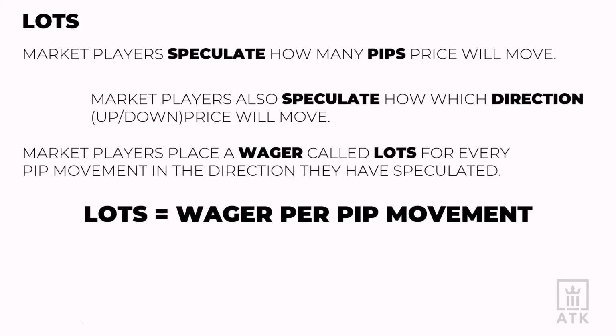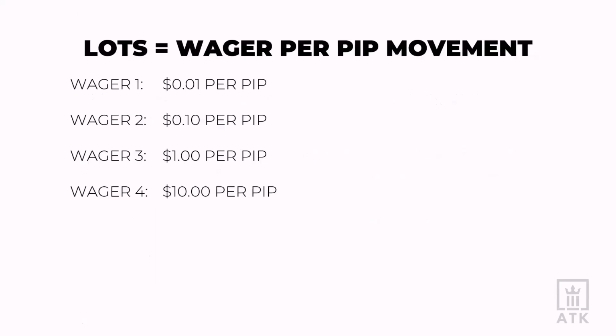So to bring this point home, let's do another exercise. Let's say that on one end you have four market players that are wagering a price per pip.